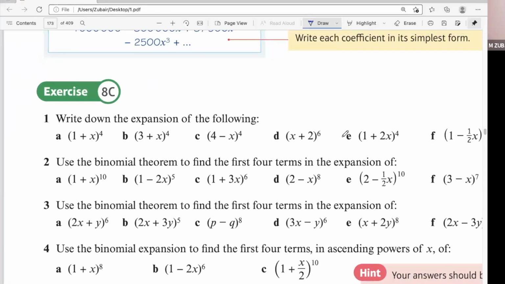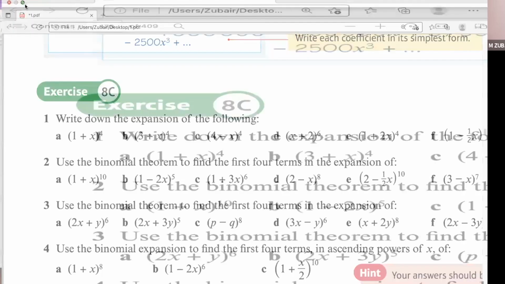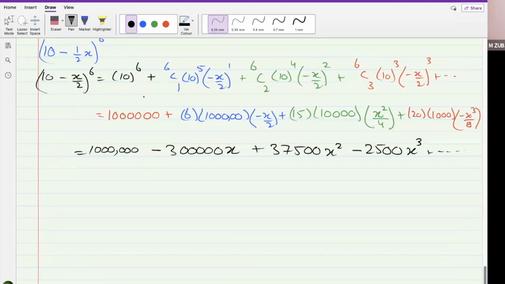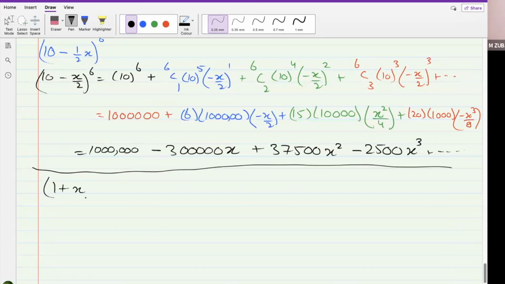Okay, write down the expansion of the following. All of these are to power 4. So 1 plus x first, then 3 plus x. So let's try this: 1 plus x power 4. Now this is 1 again, so anything raised to power 1 always stays 1.